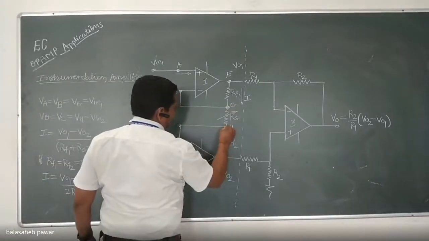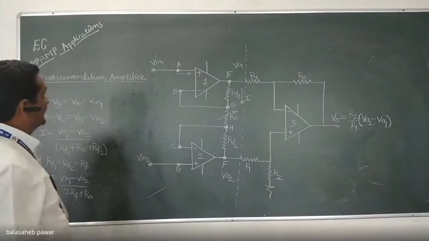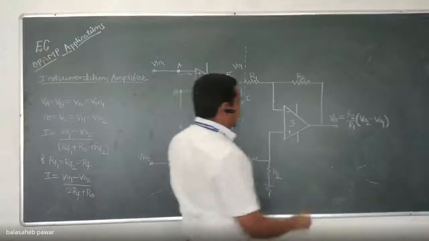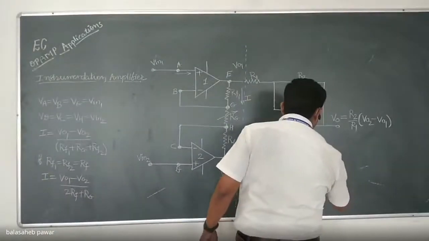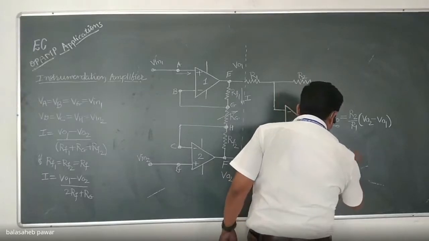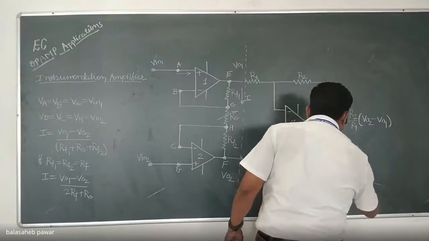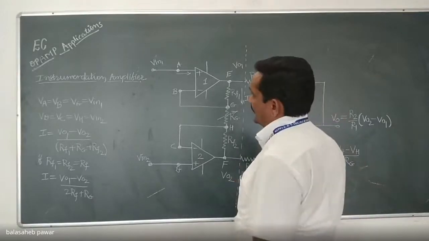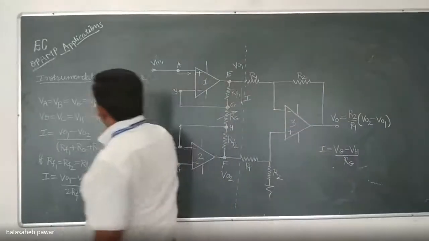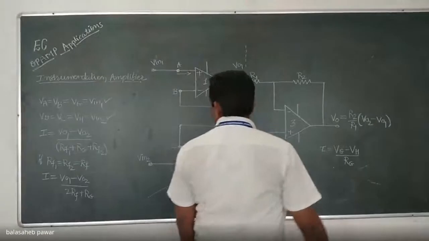Okay. Now consider the nodes G and H. The current flowing through resistor RG, that is also I, we can write I equals VG minus VH divided by RG. And what is VG and what is VH?